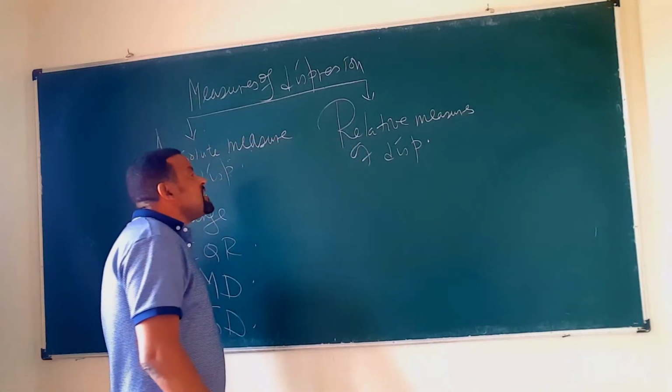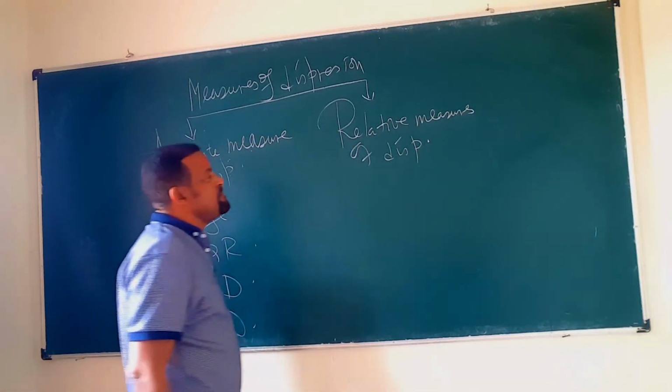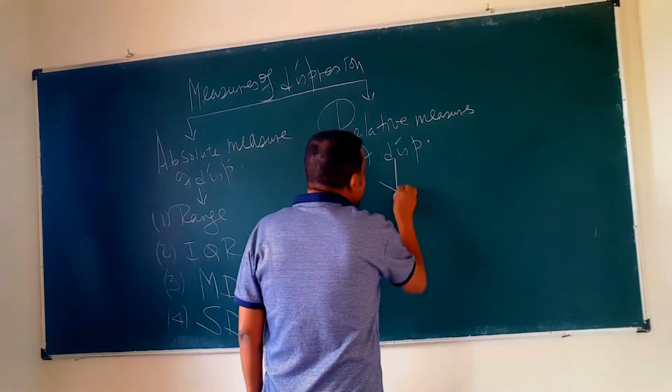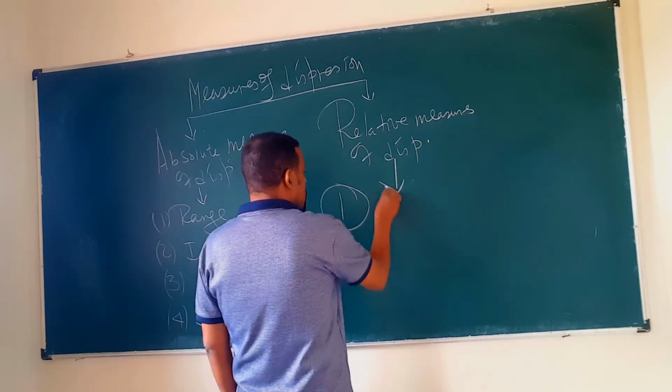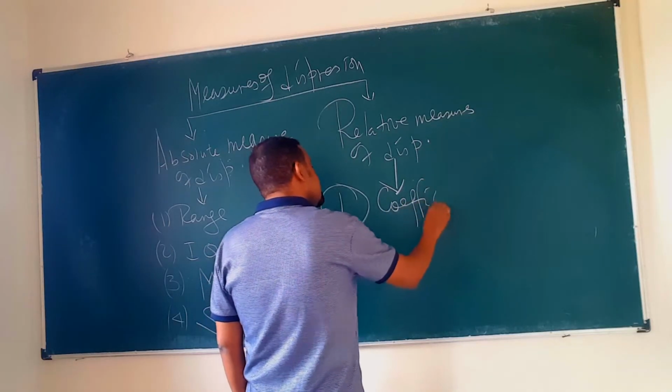The relative measures of dispersion include the coefficient of range.